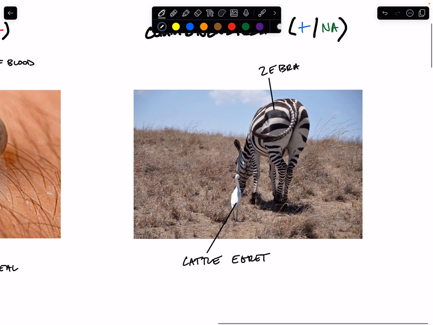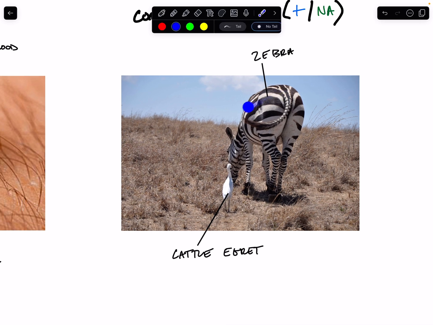So the idea in this relationship is the zebra is just walking around, grazing, eating grass off the savanna, and in doing so, in walking around, it is kicking up dust and dirt and also scaring up little insects.